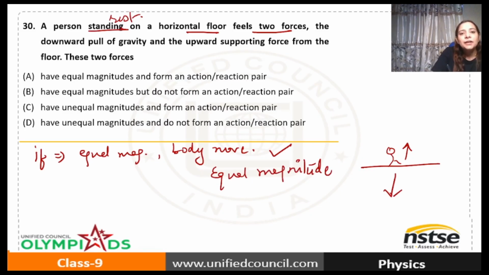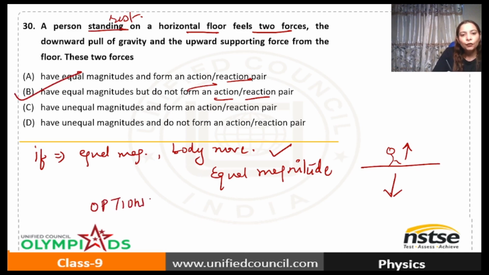Now action-reaction pair. For example, if I'm pushing a wall, the wall is also exerting an equal and opposite force. Here it doesn't form an action-reaction pair, because an action-reaction pair comes into notice when you have two different objects. That is the reason option B is correct.